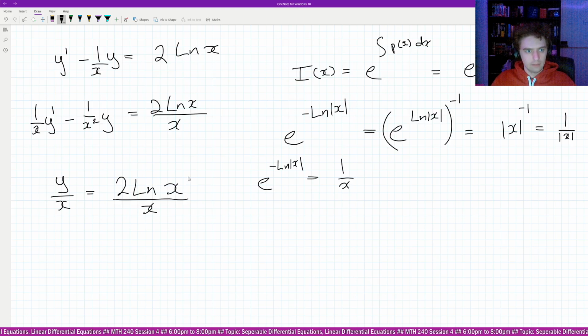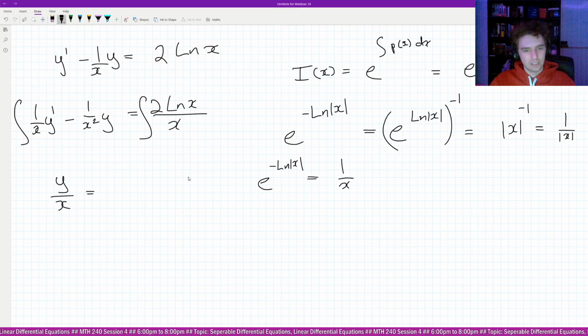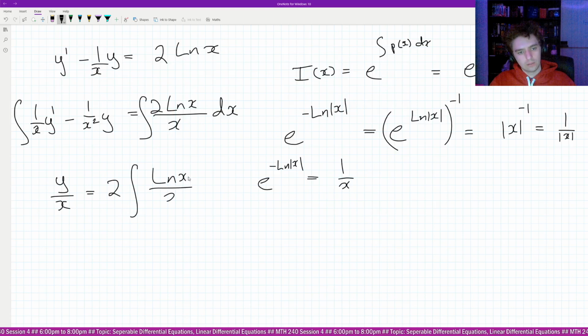I missed a plus c. Oh no, I don't miss a plus c. Wait, hold on. This is the integral of this now. Yes, sorry, I wasn't paying attention. So now we have to integrate this here. It's not too bad to actually integrate. So that's the integral of 2 ln x over x dx.